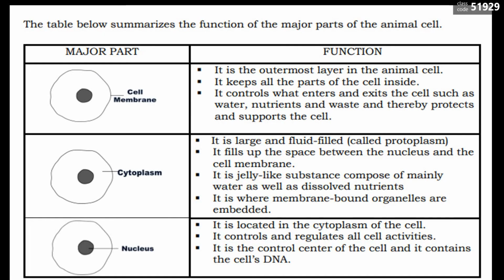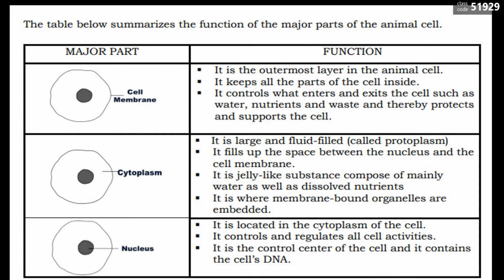So here is a table that summarizes the functions of the major parts of the animal cell. Let's have the major part, the cell membrane. Function: it is the outermost layer in the animal cell. It keeps all the parts of the cell inside, and it controls what enters and exits the cell, such as water, nutrients, and waste, and thereby protects and supports the cell.